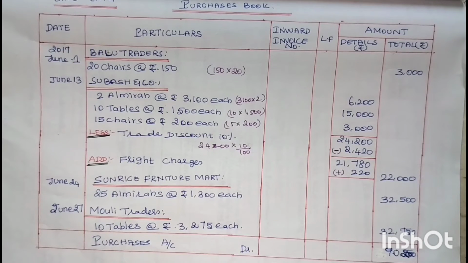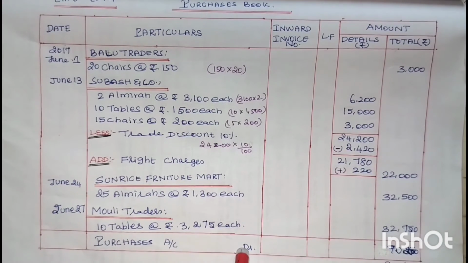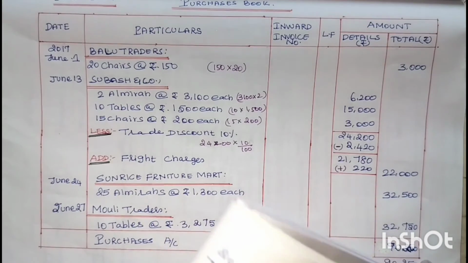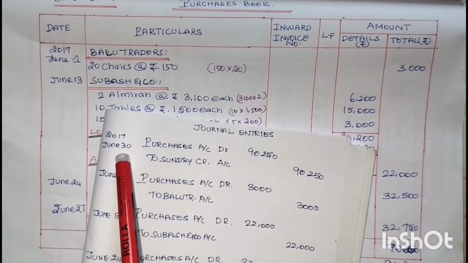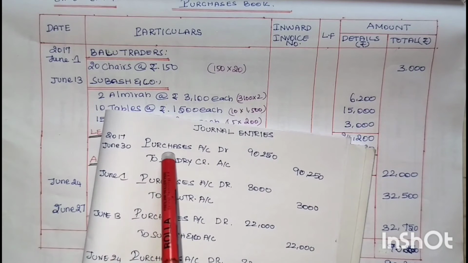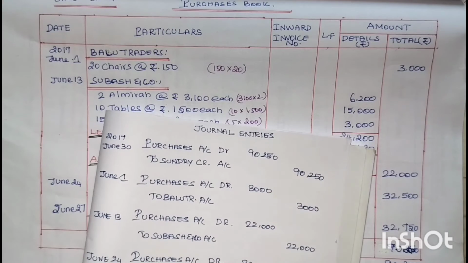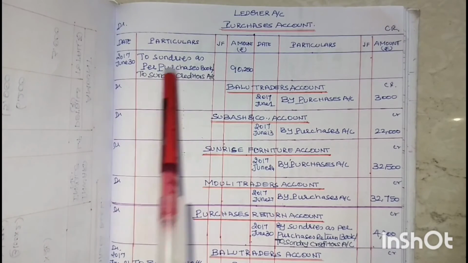First we post the purchases account into the ledger account. What is the purchases account? Purchases Account Dr. 90,250, right? What is the journal entry for that? 2017 June 30, Purchases Account Dr. to Sundry Creditors Account. So we prepare the ledger account.